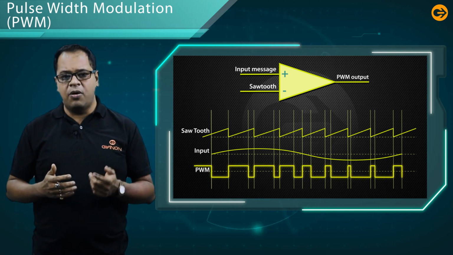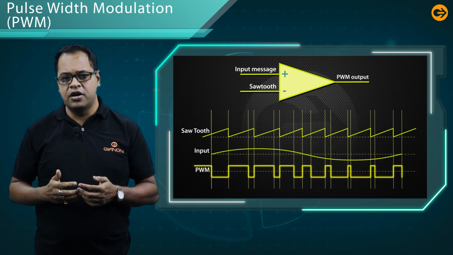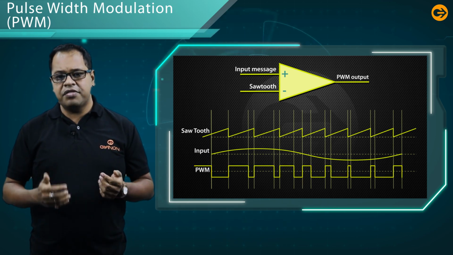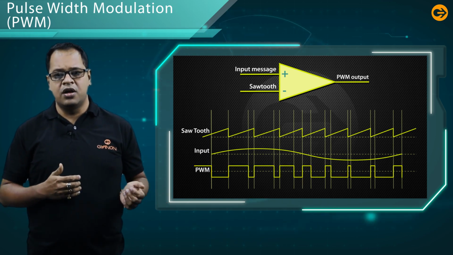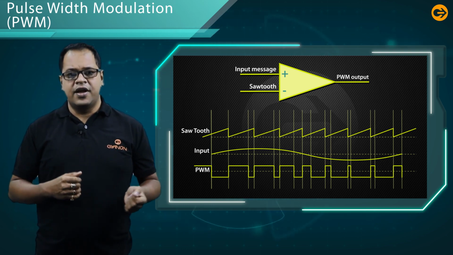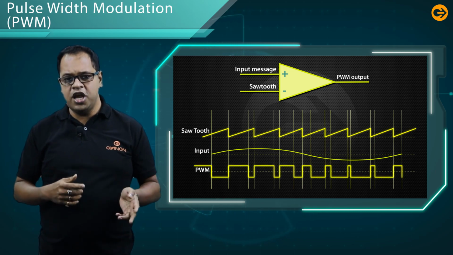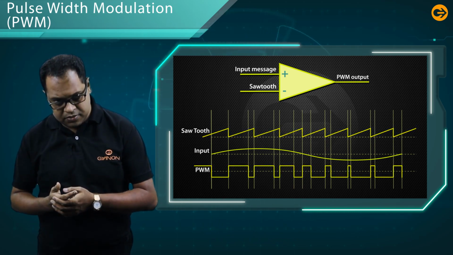The comparator will compare the two signals together to generate the pulse width modulated signal at its output as shown in the waveform. The rising edge of the pulse width modulation signal coincides with the falling edge of the sawtooth signal.